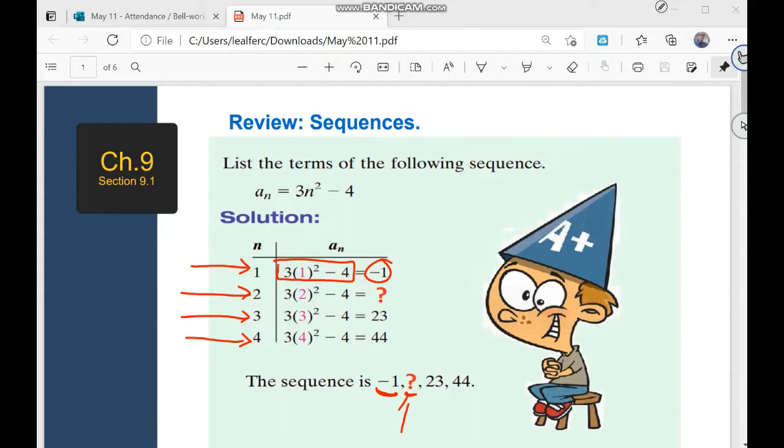Second term is missing. What is the second term? Third term 23, fourth term is 44. Can you help me find the second term of this sequence? Try to figure it out, calculate, and send me a message.